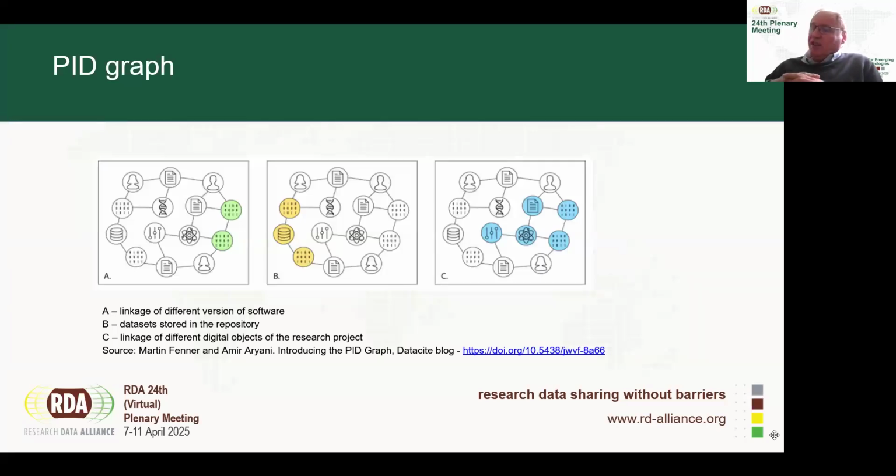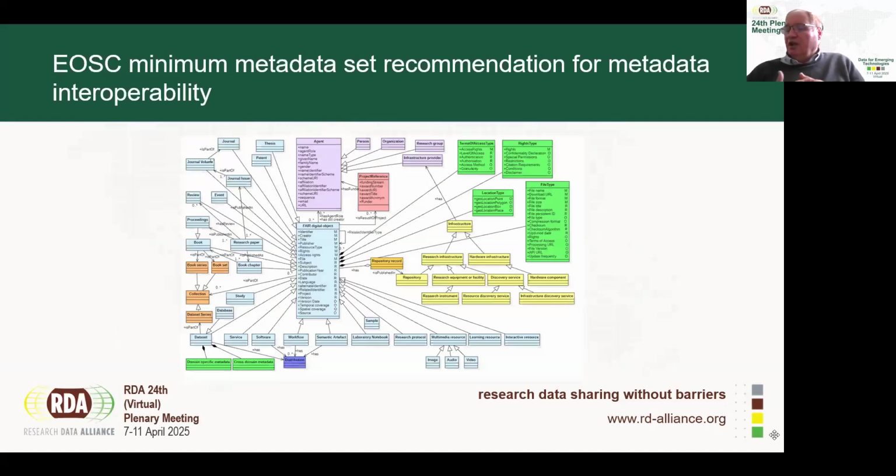Maybe if we go to the next slide. In the first EOSC interoperability framework in 2021, we produced the EOSC minimum metadata set recommendation for metadata interoperability. It is an evolution of the RDA metadata set recommendation with additional metadata and additional classes.